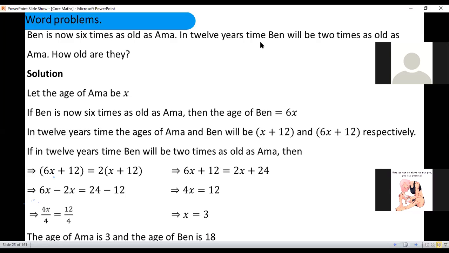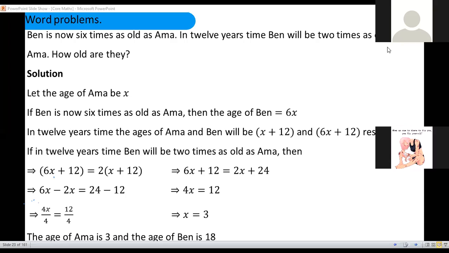How old are they? So the problem again is Ben is now 6 times as old as Amma. In 12 years' time, Ben will be 2 times as old as Amma. How old are they?